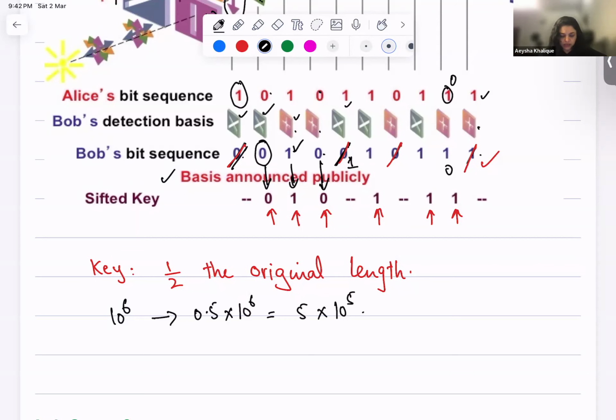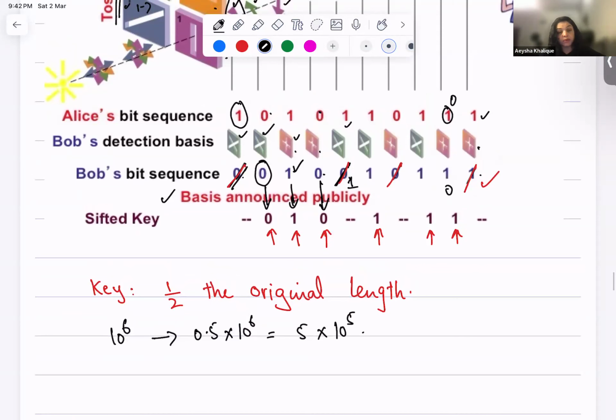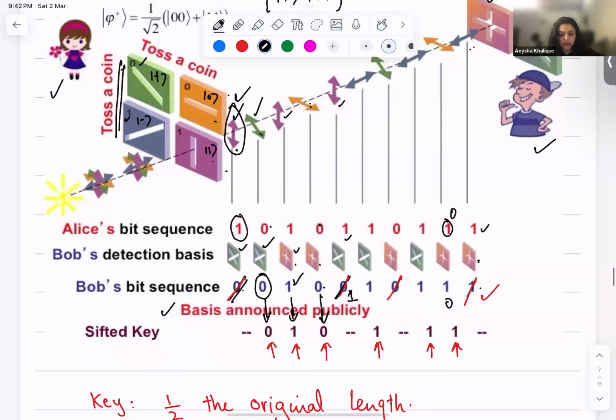So there are a few things in it. What were our requirements for the key? The first thing was that it should be as long as the message. So you can share any number of qubits in the beginning, and you can have the key which is in there. And the second was that it should be available, right? It should be used only once, and it should be there whenever they want to send a message. So they can do this.